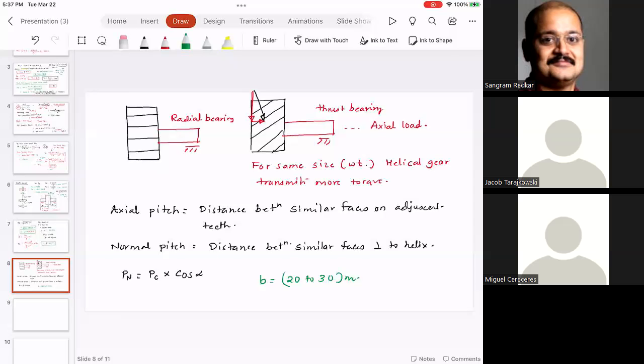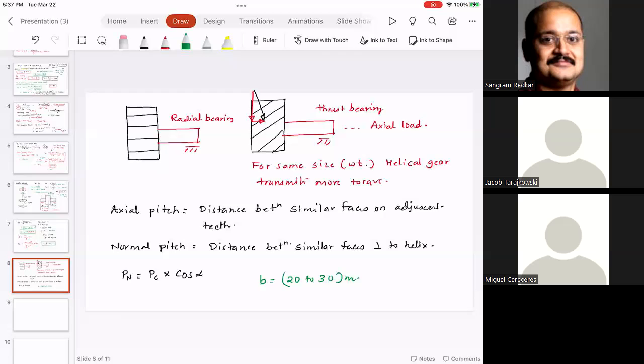And the equations that we are using for spur gear, similar equations are to be used for helical gear. As a matter of fact, the tables that we are going to use for helical gears are the same as spur gears.